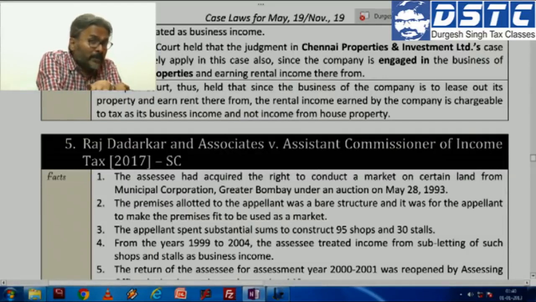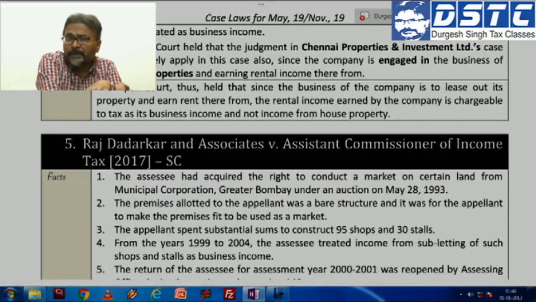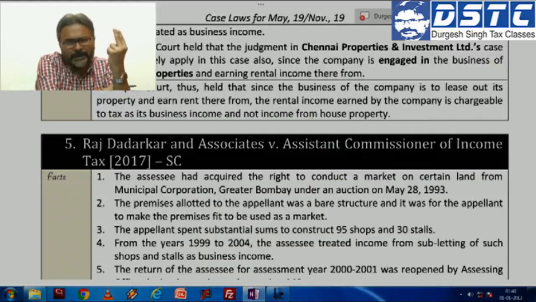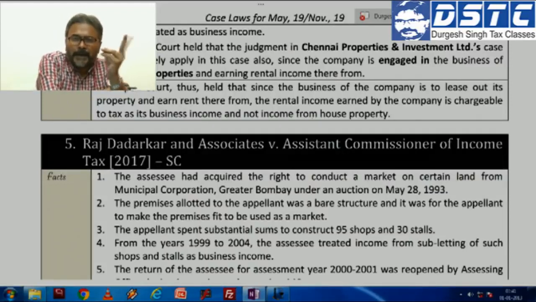You need not be doing any business in that property, then and only then you will be charged under that particular head. So ownership and not engaged in any form of business in that particular house property. This was primarily the two contentions, ownership and not doing the business in that house property.